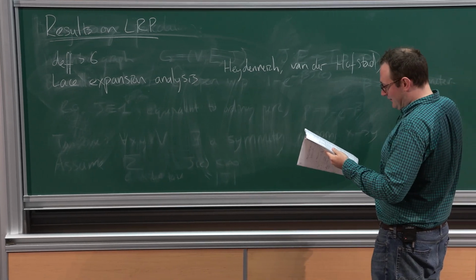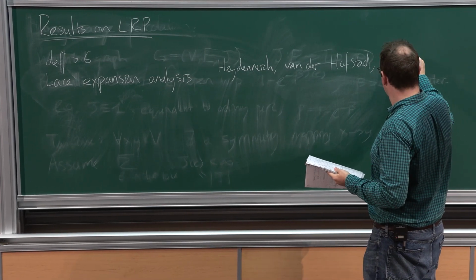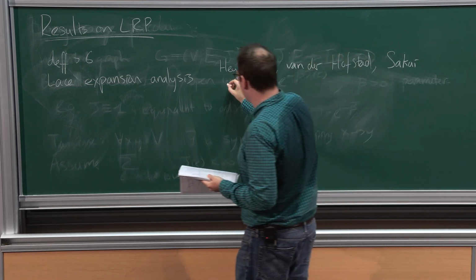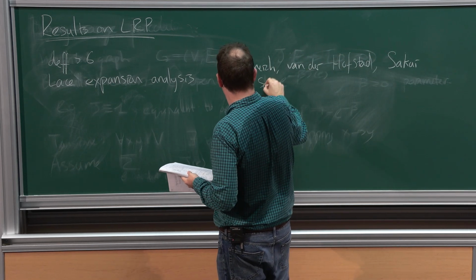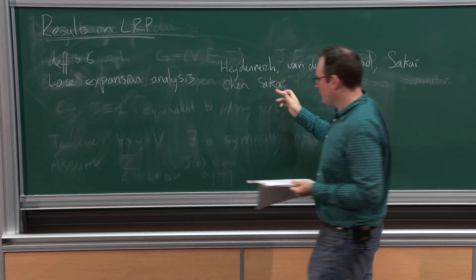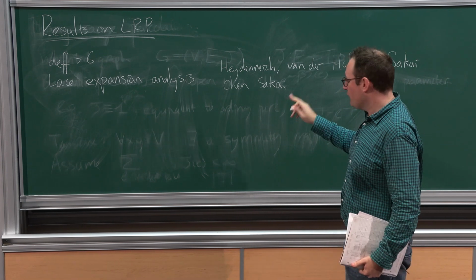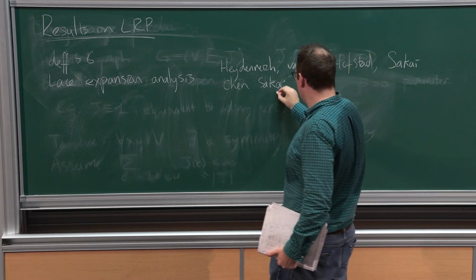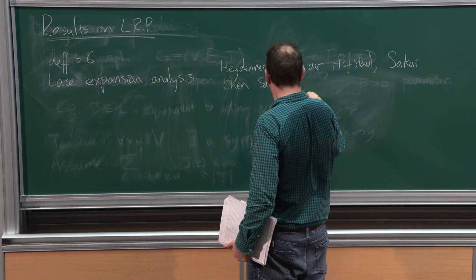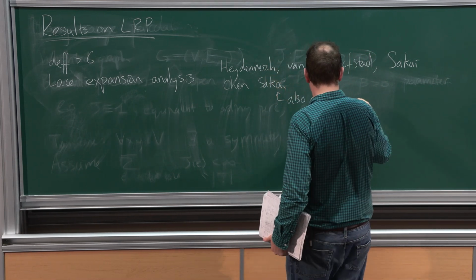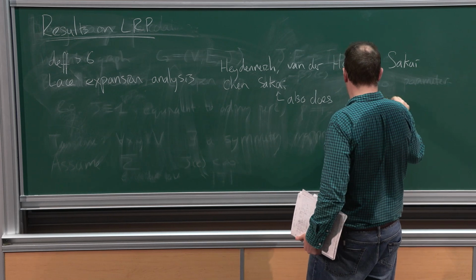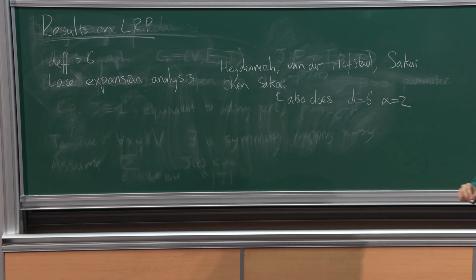Van der Hofstad and Sakai, and by Chen and Sakai. There are several works of Chen and Sakai on this, and one thing I'll mention specifically is that at least one of their papers also does this boundary case d equals 6, alpha equals 2.